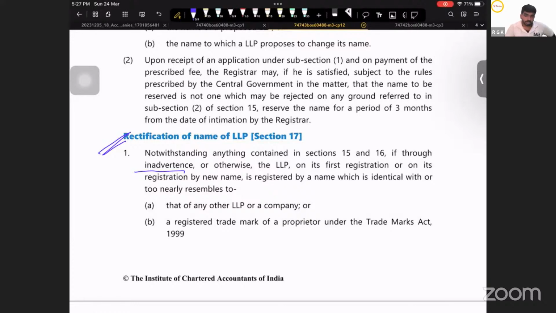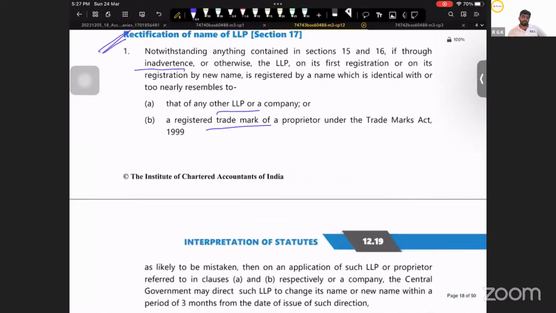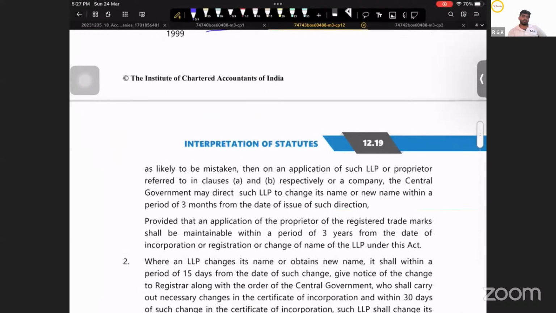Or otherwise, an LLP on its first registration or on its registration by a new name is registered by a name which is identical with or too nearly resembles that of any other LLP or a company, or a registered trademark of a proprietor, as is likely to be mistaken.